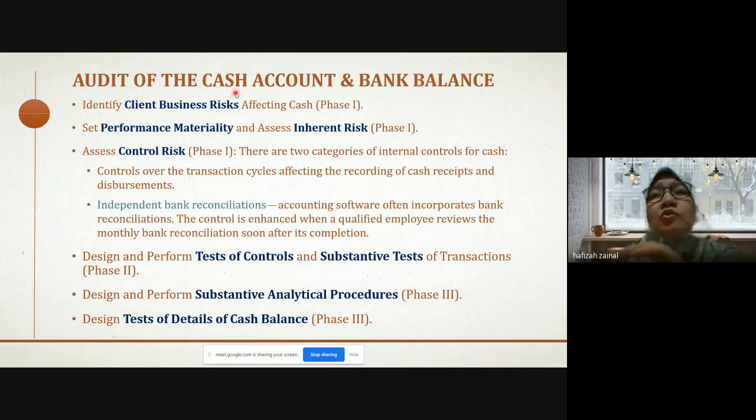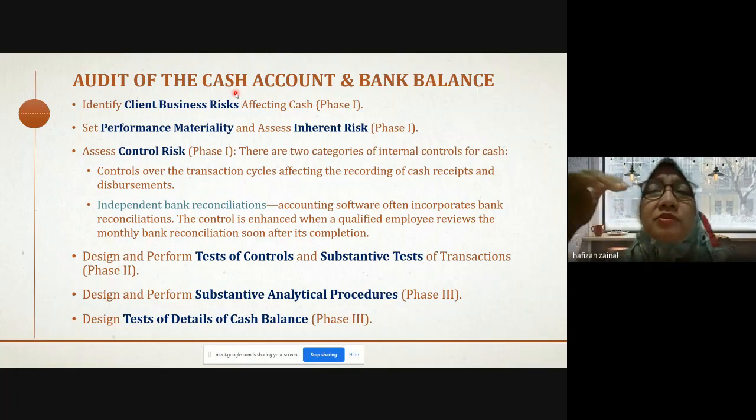So once we know that the nature of the business is high risk, because it's directly related to the cash element, therefore your performance materiality would be slightly low. Because it's high risk, you tend to set it low because you want to check more.